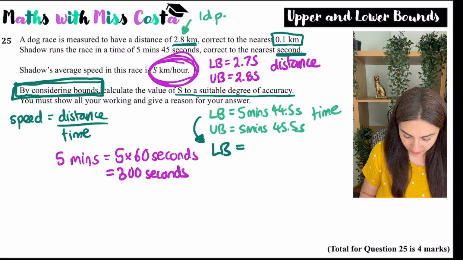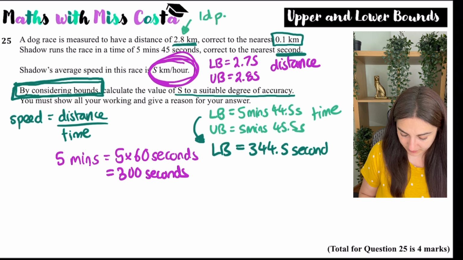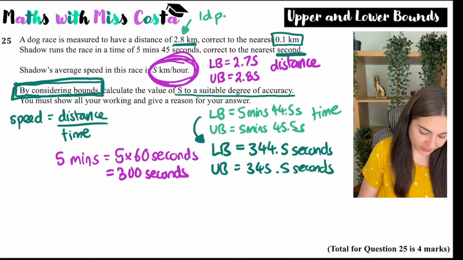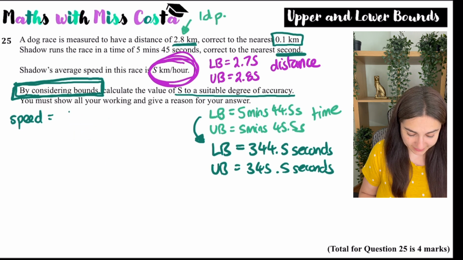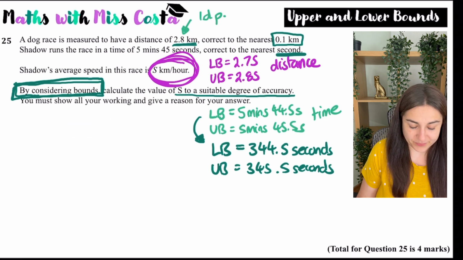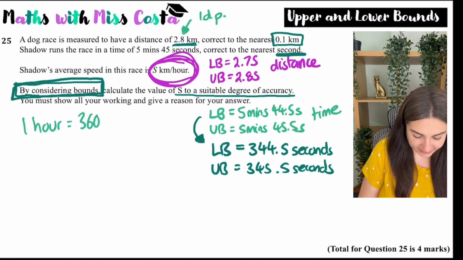So the lower bound of time is going to be 344.5 seconds. And the upper bound of time is therefore going to be 345.5 seconds. Now, because I need to convert this into hours, 1 hour is 3,600 seconds.